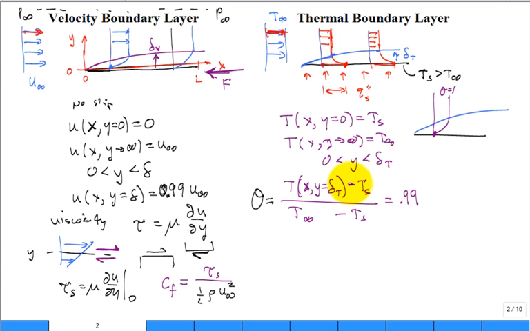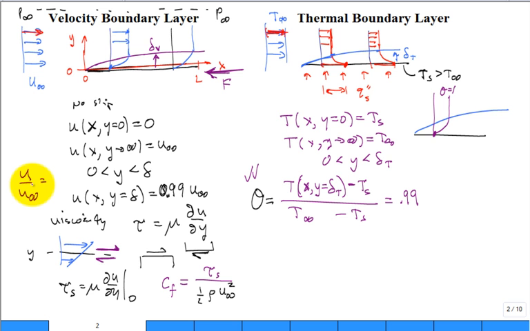And isn't at the surface theta always equal to 0? Now you look at it, you say, that's why they like this definition, because when I look over here and I plot u over u infinity, that starts at 0 and goes to 1 as well. So that's nice. Okay, but it's a little more abstract because it's a ratio of temperature differences in the definition of the thermal boundary layer.